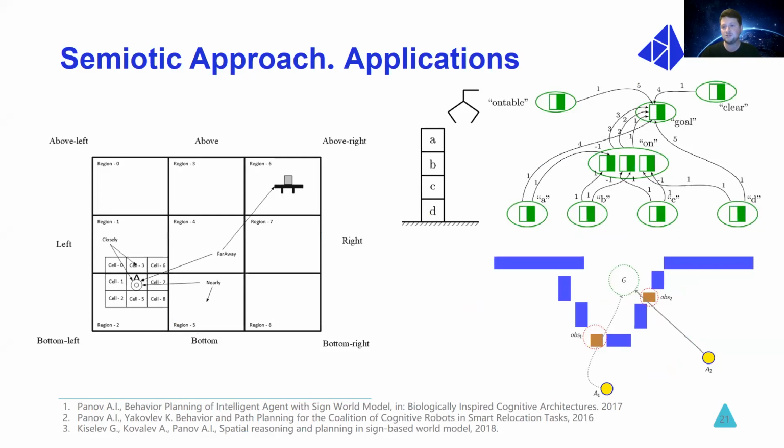Our agent doesn't know anything about the absolute coordinates of its position, or that the table is a cube, but it knows about relations such as above, below, left, right, farther, closer, and so on, and like far away, nearly, closely. And then the agent is able to move from the starting position to the goal.